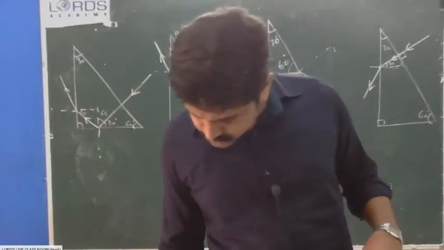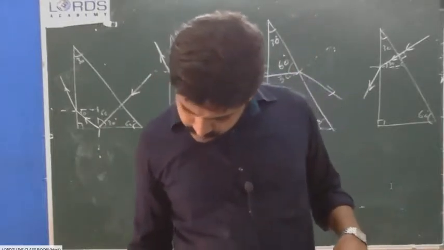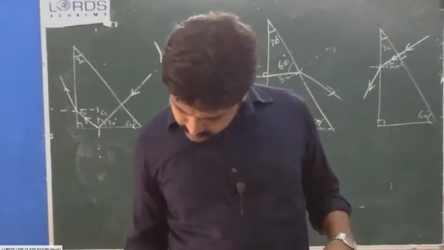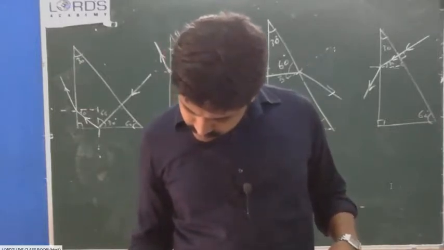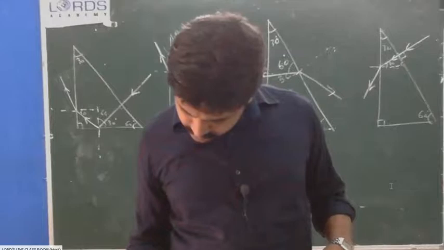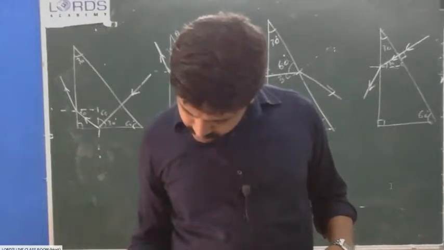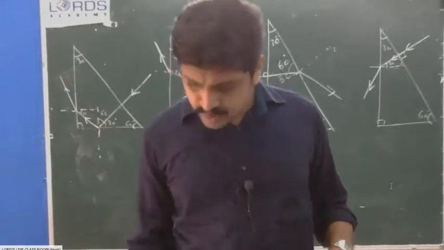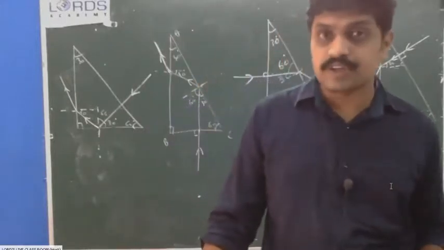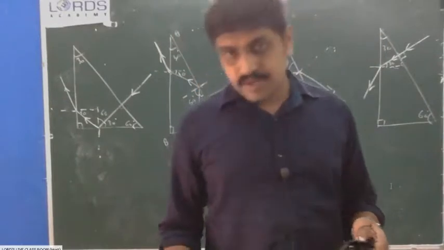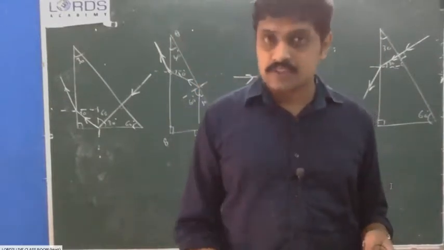Just try to read the question. See, in the question it is given that the critical angle is 60 degrees. Page number 99, the question itself says the critical angle is 60 degrees.